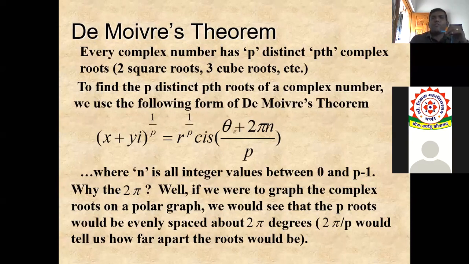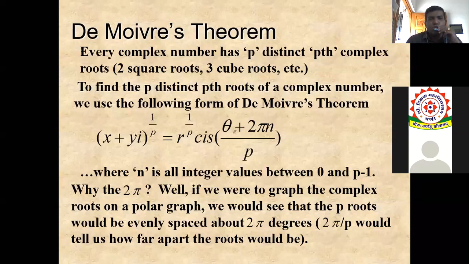Every complex number has p distinct pth complex roots. If the power is 1/2, then it has 2 roots. If it is power 1/3, then it has 3 roots. So if it is power 1/p, then it has p roots.